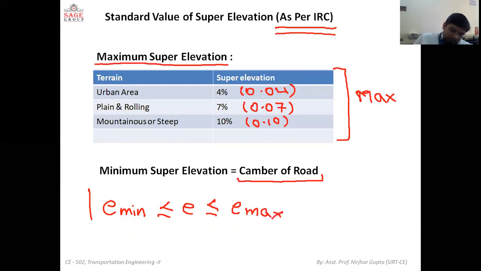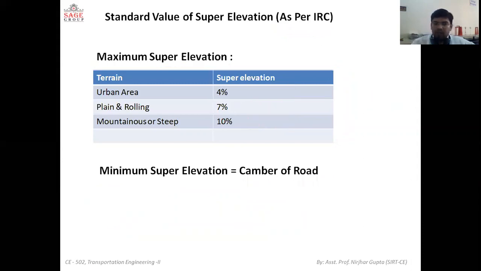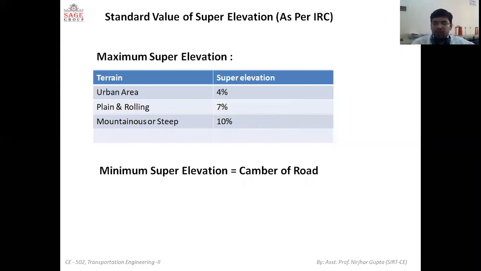So always the value of super elevation will vary from maximum to minimum, where minimum is the camber of the road and maximum is the value as discussed here as per the IRC. So this was all about super elevation: how we provide it, what the formula is, and what the maximum values are.